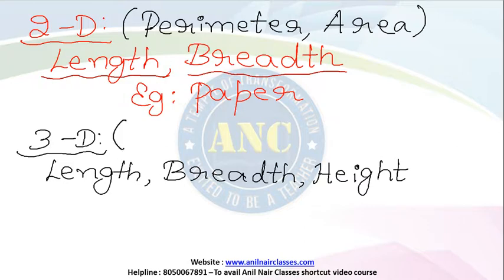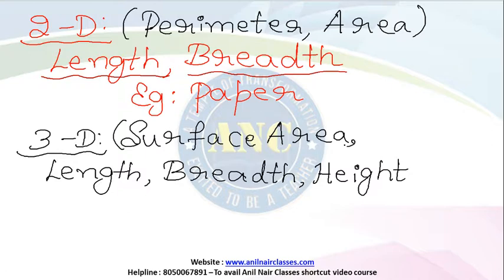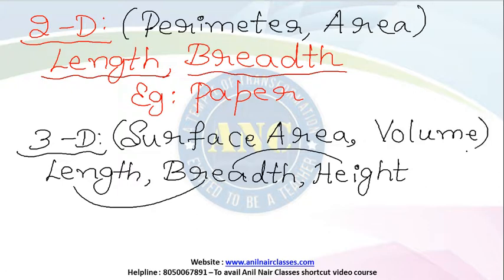In a three-dimensional figure we find the area in this case also, but we generally call it the surface area. And because there are three dimensions, length, breadth and height, we also will be interested in finding the volume of that three-dimensional figure.